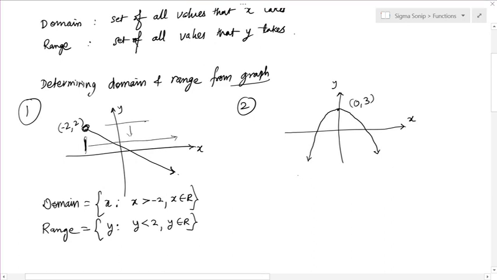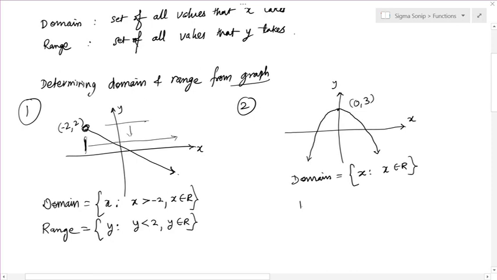So you can straight away write that the domain is all X values on this side and all X values on this side. So domain is just the real number line, X such that X is real. There's no restriction on the value of X in this graph.